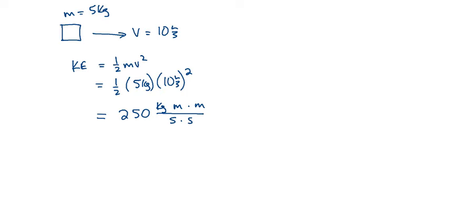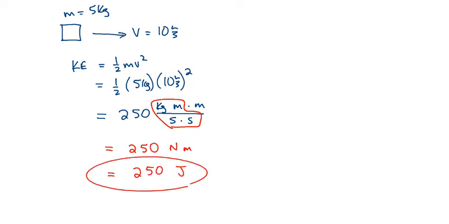What I'd like to do here is lump all of these together. You'll remember that a kilogram meter per second squared is a Newton, and that leaves me one more meter, so 250 Newton meters, which would be 250 joules. So that would be the answer that we're looking for right there. And that's a fairly simple problem.